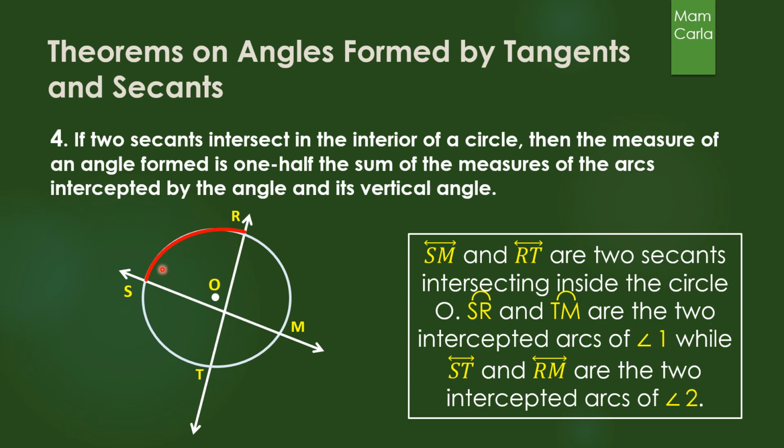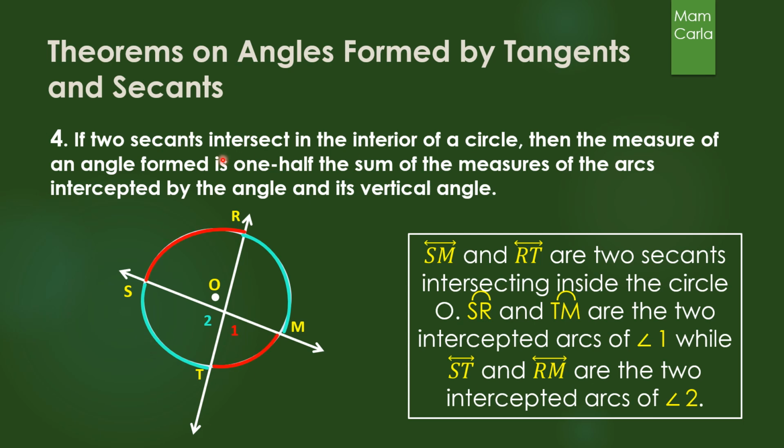So, we say that arc SR and arc MT are two intercepted arcs of angle 1, while arc ST and arc RM are two intercepted arcs of angle 2.